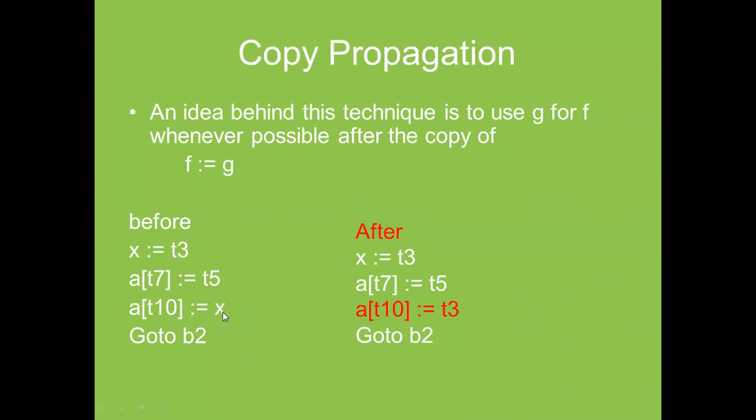So we replace x by t3. In red, I indicate t10 = t3: in place of x, we write t3. Such an example is called copy propagation. Here we use the same temporary variable.